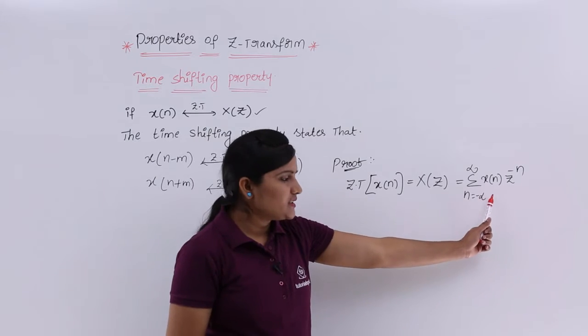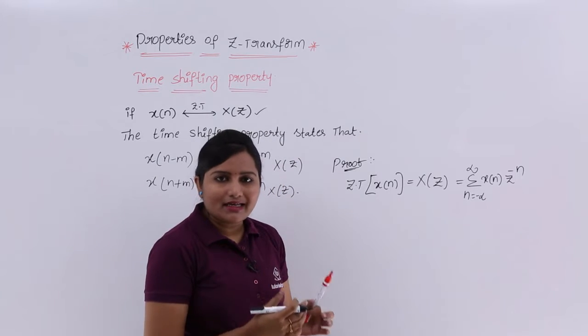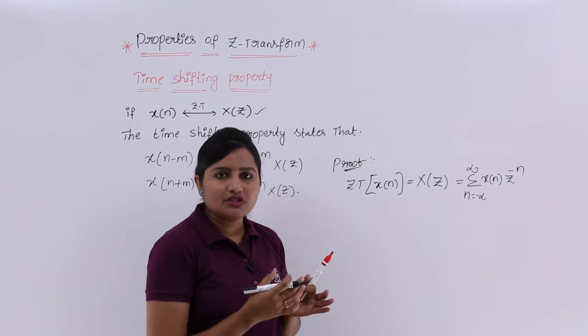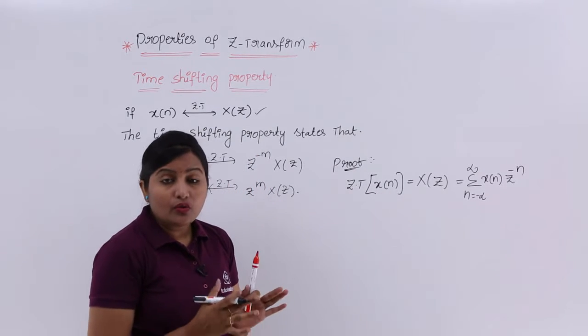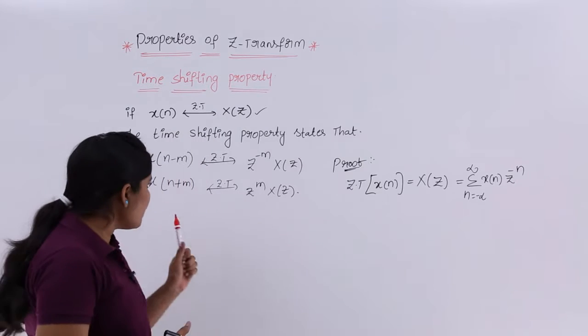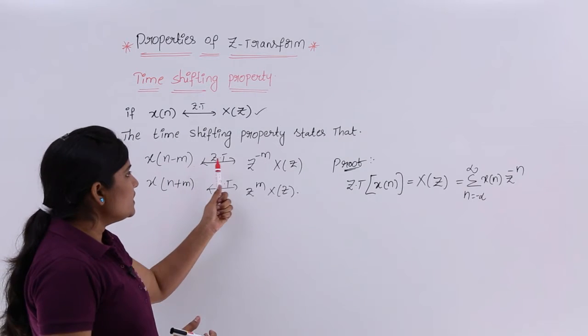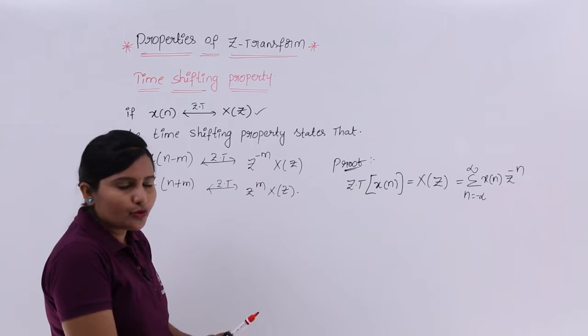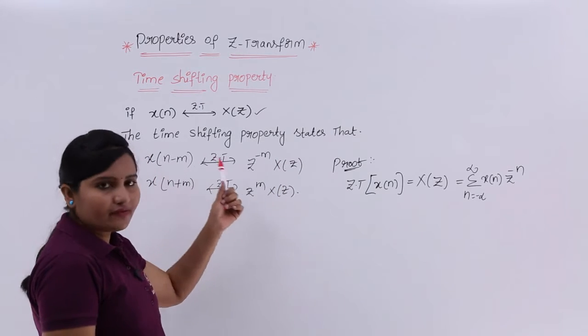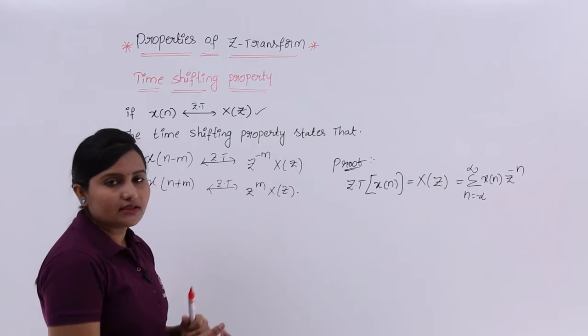This is the Z transform equation to calculate the Z domain of the signal x of n. Now we want to prove that the Z transform of x of n minus m is z power minus m into x of z.